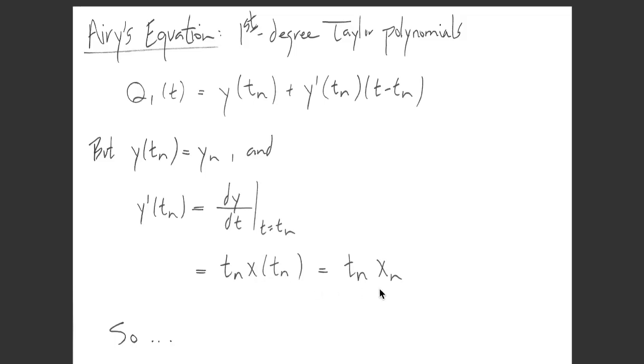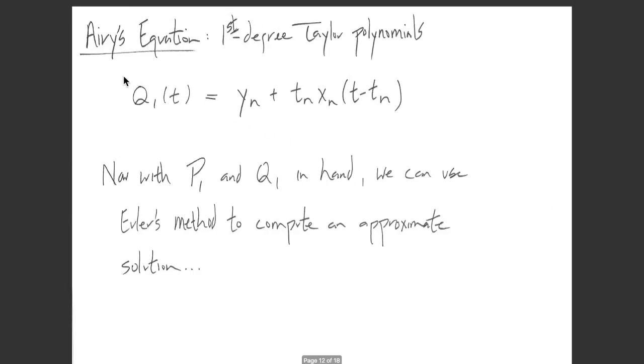But x at time t sub n is just x sub n, so I get t sub n times x sub n. So y prime at t sub n is t sub n times x sub n, and I'm just going to plug that in right here on the next slide. I do that, and I get this as my first order Taylor polynomial for y: y sub n, that's y of t sub n, plus t sub n times x sub n, remember, this is our y prime of t sub n, and then times t minus t sub n.